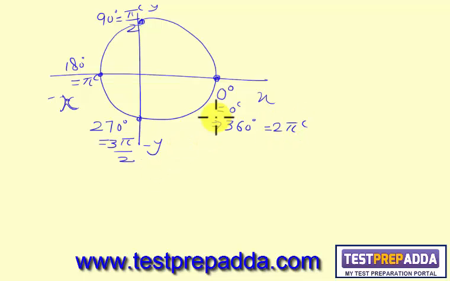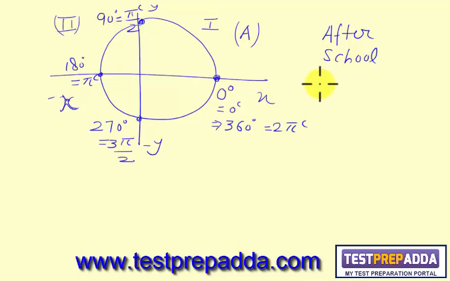Now, we have already discussed that in the first quadrant all trigonometric ratios are positive. In the second quadrant, as I told you, after school, where do we take admissions?